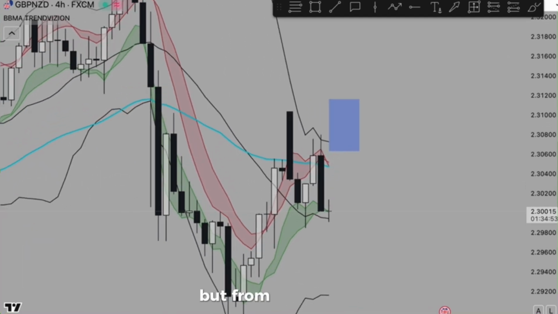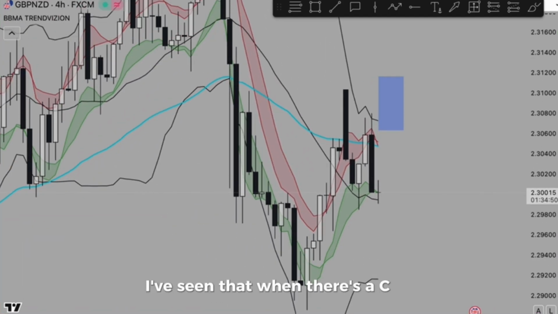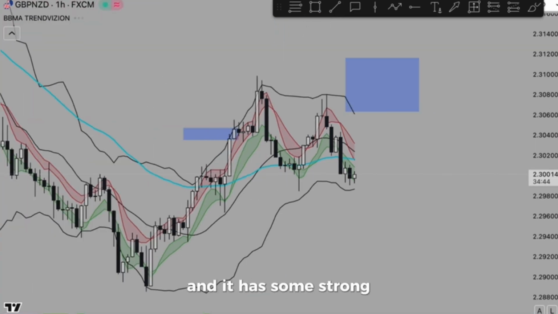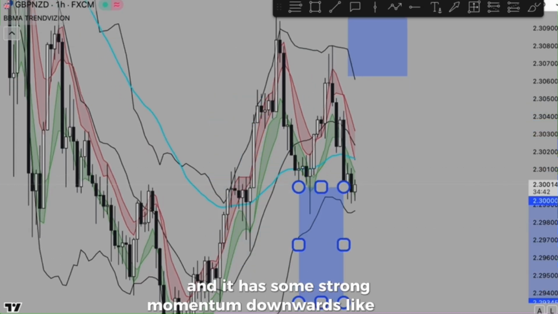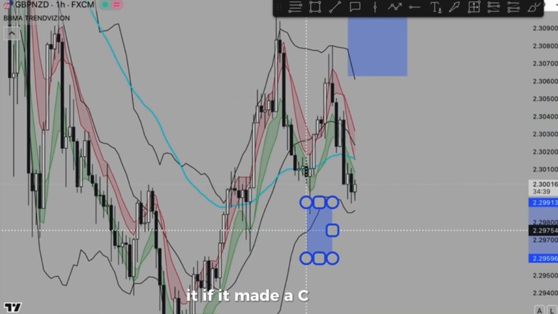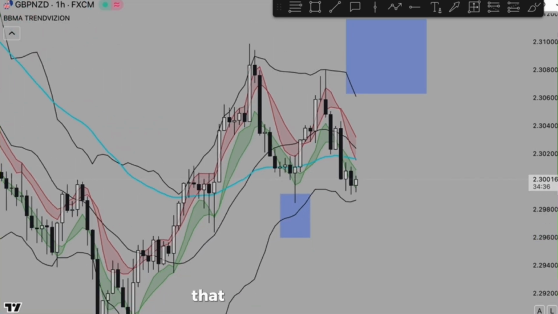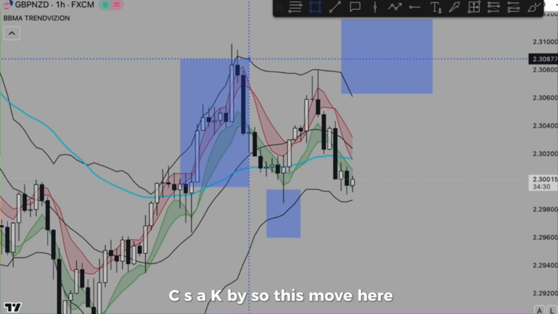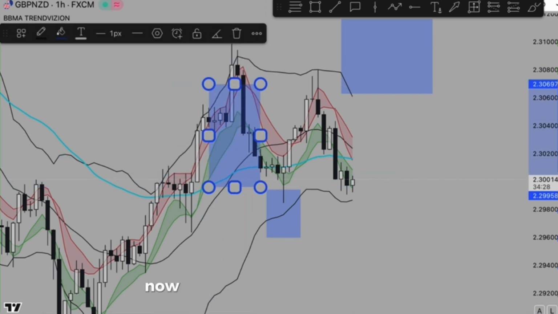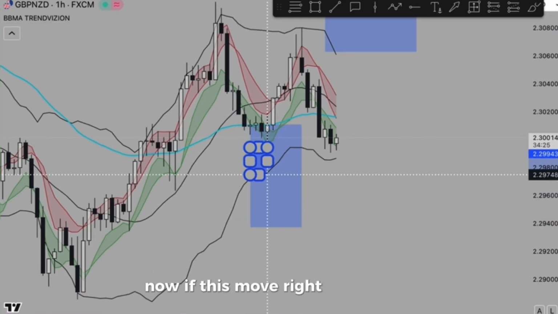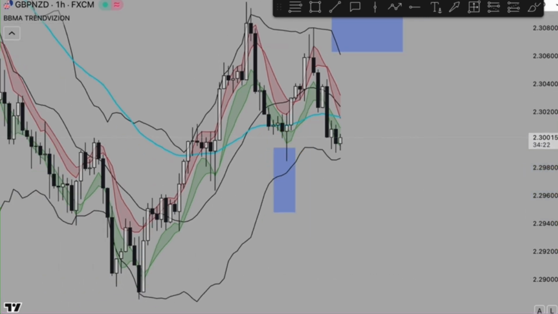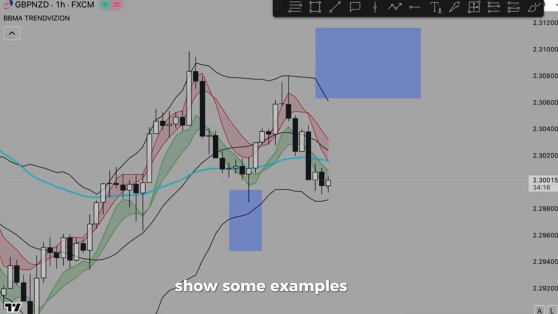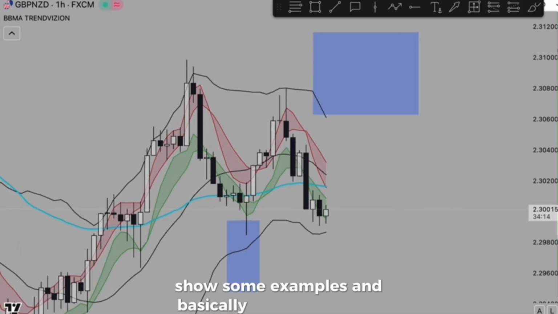No clue, but from experience I've seen that when there's a CSAK and it has some strong momentum downwards, like here if it made a CSM sell, that turns actually the CSAK buy, so this move here. Now this move right here would make it a sell, okay? But I'm gonna get into that later in a different video, show some examples and go deeper into it.